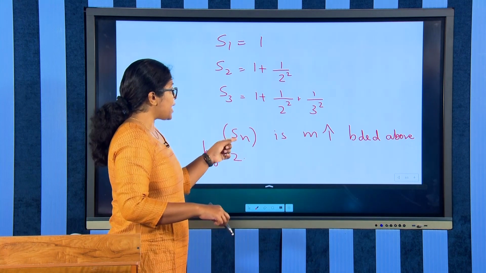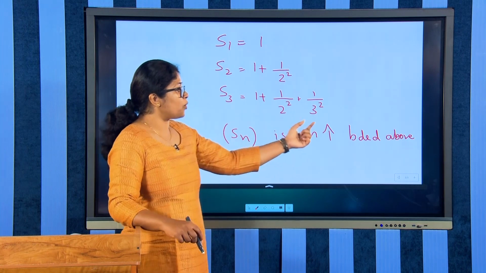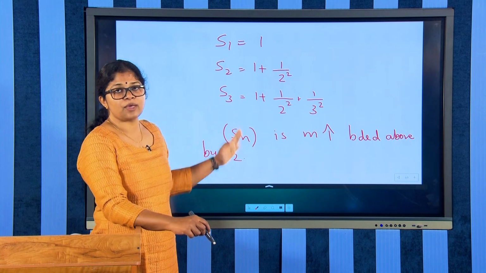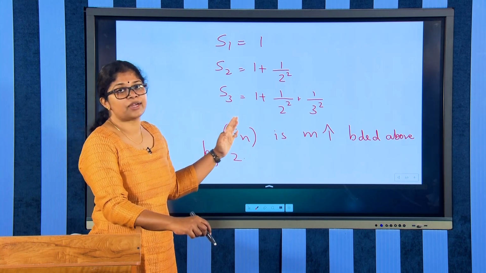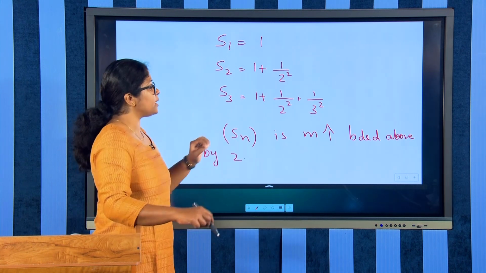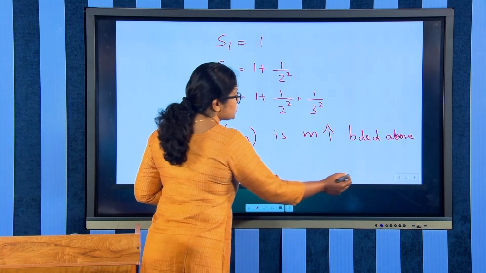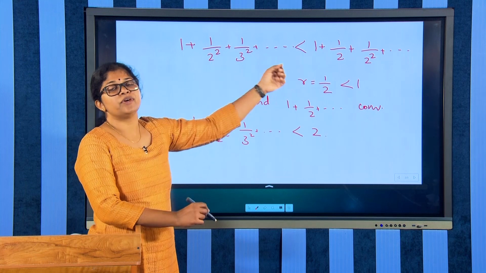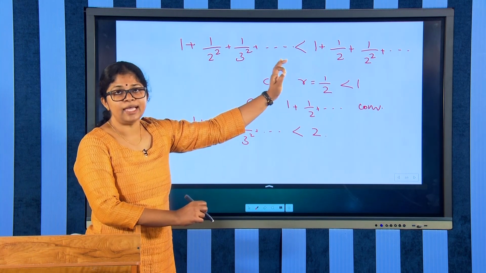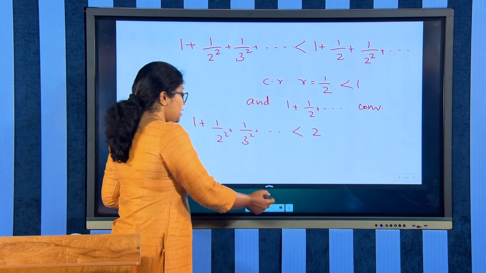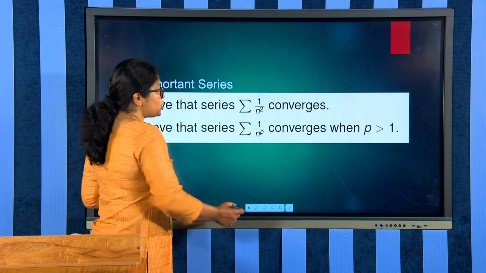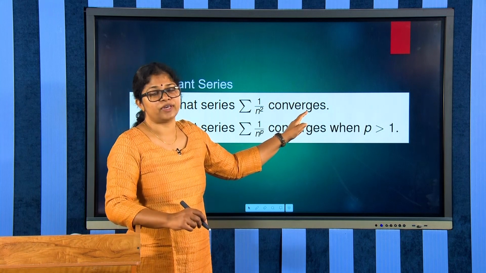So, we can say that since the sequence Sn is monotonic increasing and bounded above by 2, this sequence of partial sums converges, and in other words this series also converges. So, this series converges, with limit at most 2. So, that is how we prove that the series summation 1 upon n square converges.